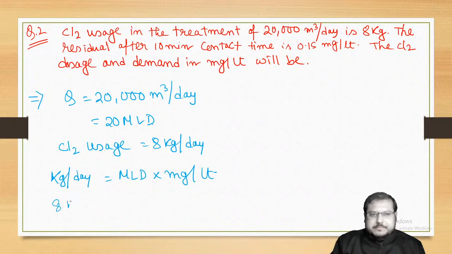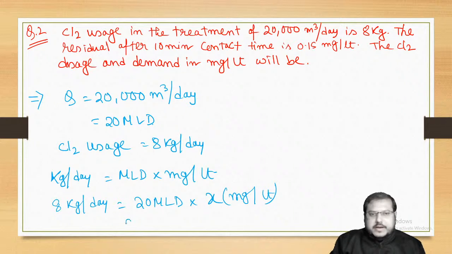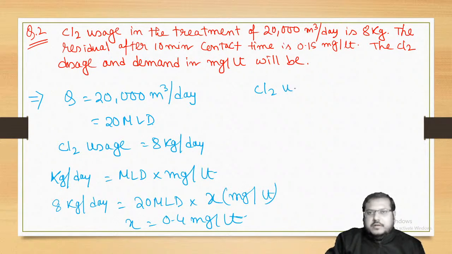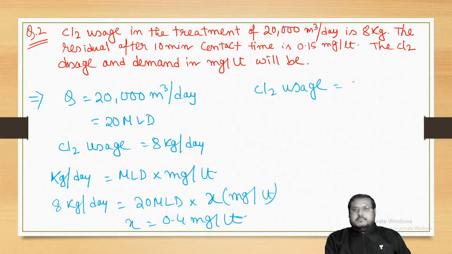So 8 kg per day is equal to 20 MLD into some x milligram per liter, where x is equal to what? 0.4 milligram per liter. So the chlorine applied is 0.4 milligram per liter. Residual is 0.15 milligram per liter.